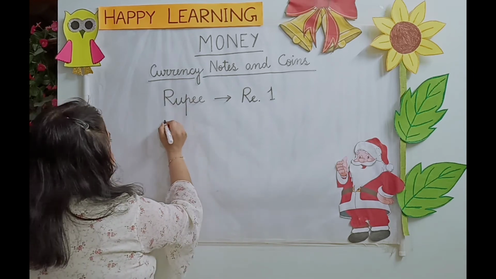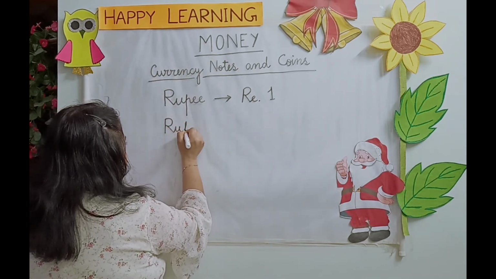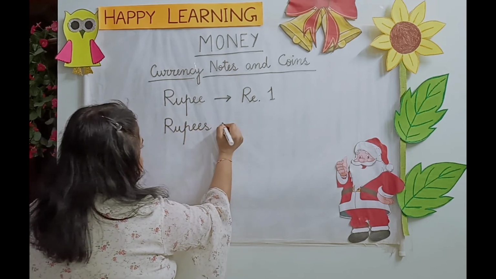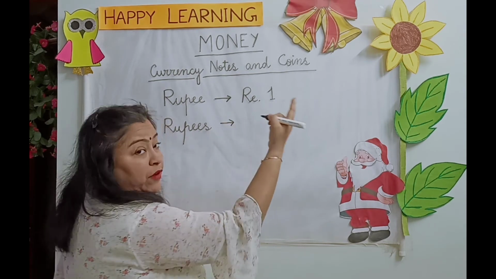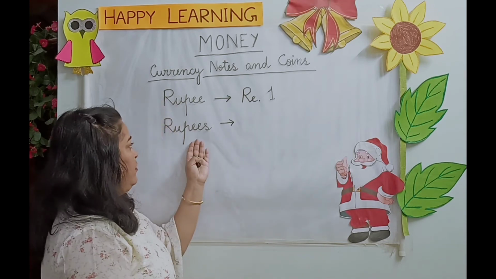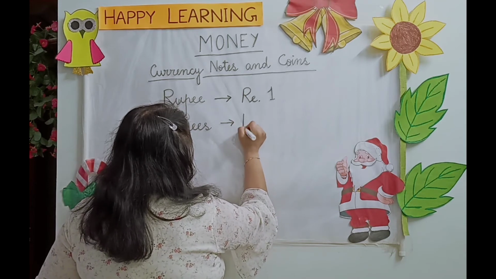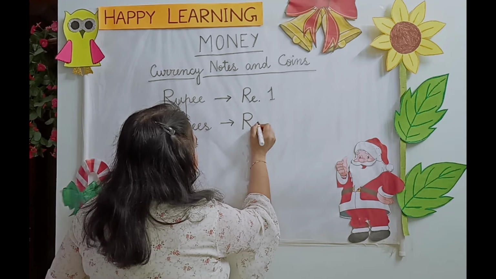Now I am writing rupees. When we write more than 1 rupee, we will use the term rupees. And the short form of rupees is RS.